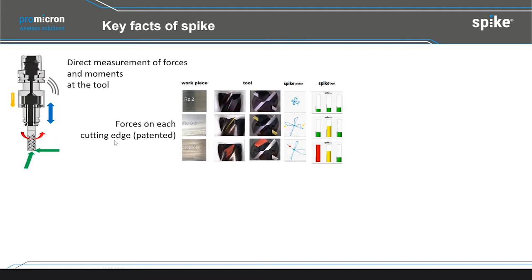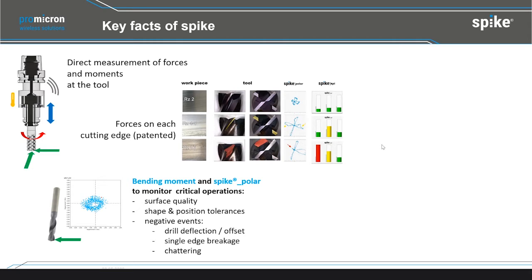Just to remind you, with Spike Polar and with the Spike KPIs, we can see the condition of the cutting tools during the process, so we can relate that information directly to the surface quality. This helps you to monitor your process, to have a quality check in process and not afterwards, and you can also use it for tool lifetime monitoring.